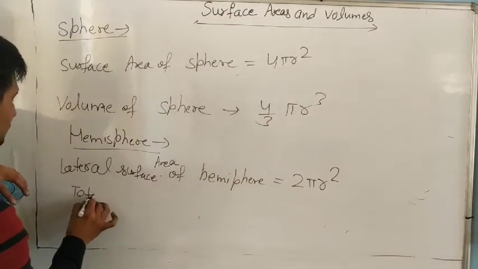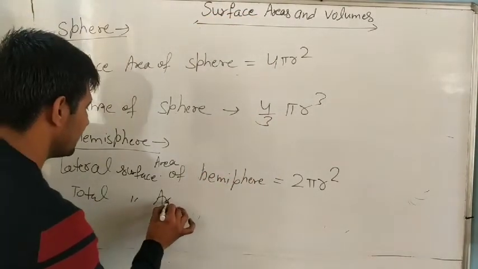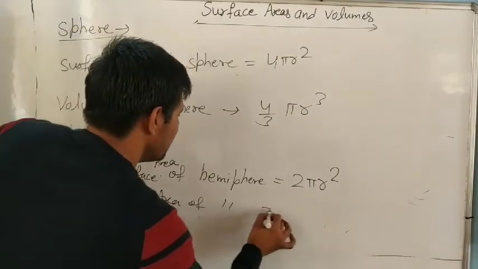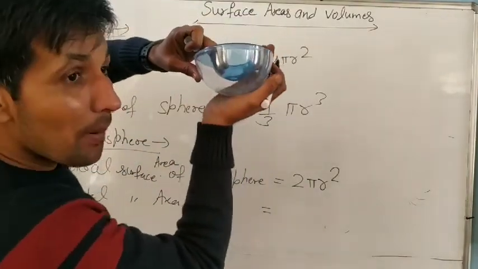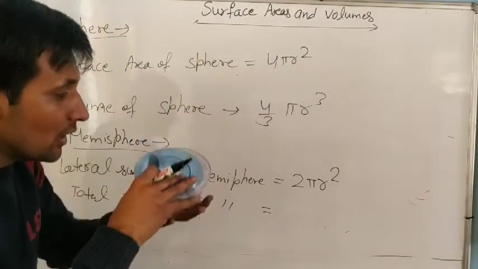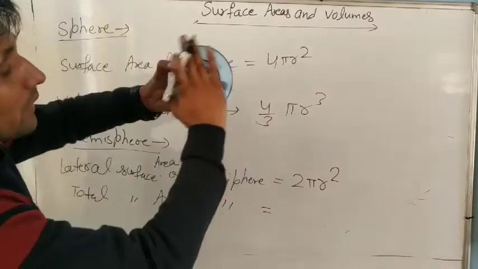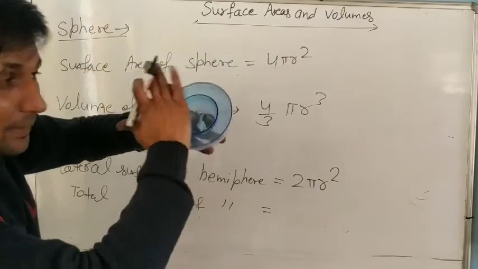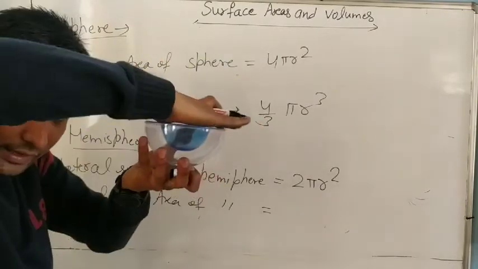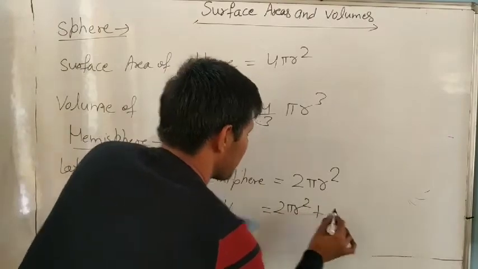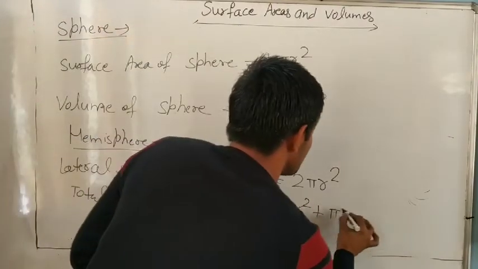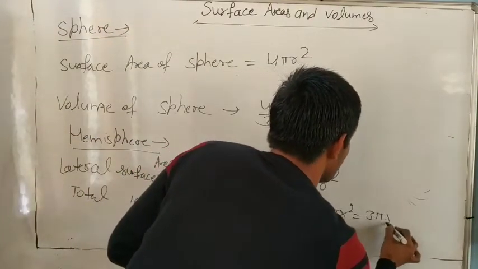But total surface area of hemisphere. Yes, total means this one outer also. But when we cut in 2 parts, one area is this one, top of the sphere also, this one, where I am rotating my hand. So it is also 2 pi r square plus pi r square. It is 3 pi r square.